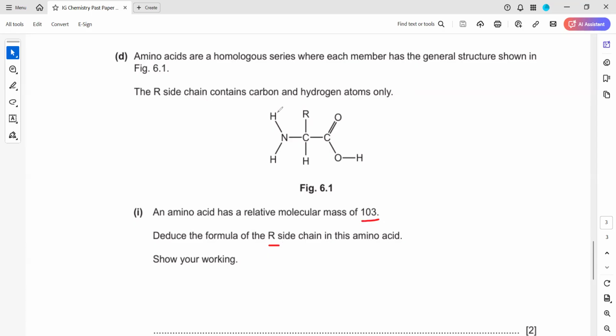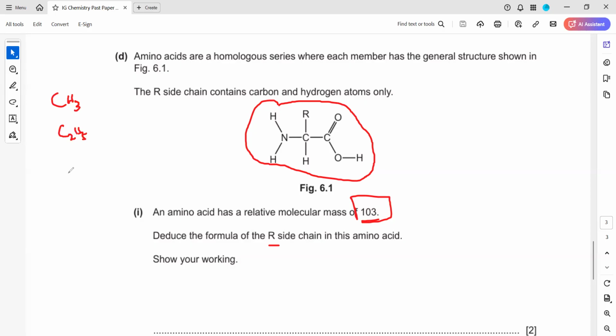Look, the total mass of this one is 103. In the question, we want to find how many carbon atoms and how many hydrogen atoms there are. Because R is an alkyl chain, the possibilities are CH3, C2H5, C3H7, because the side chain is always an alkyl group, which has a general formula of CnH2n+1.